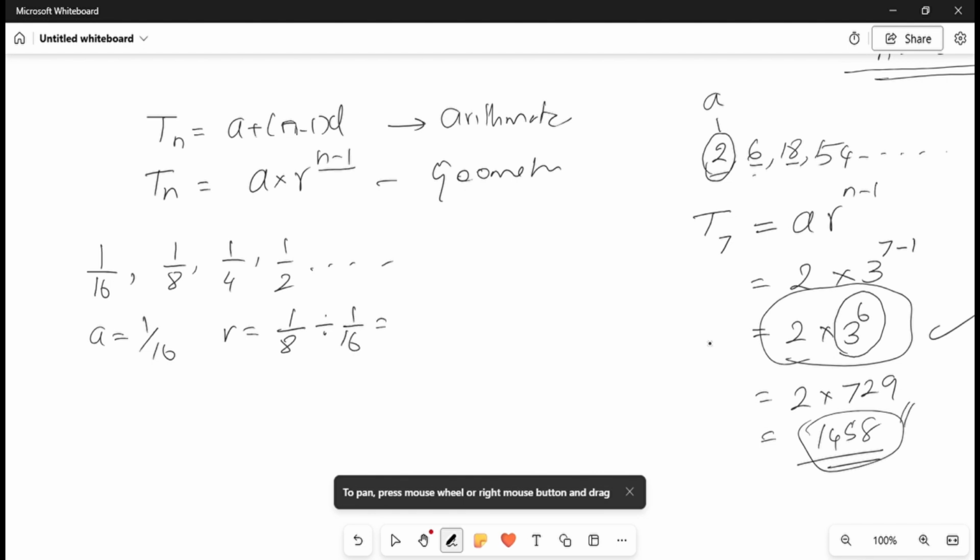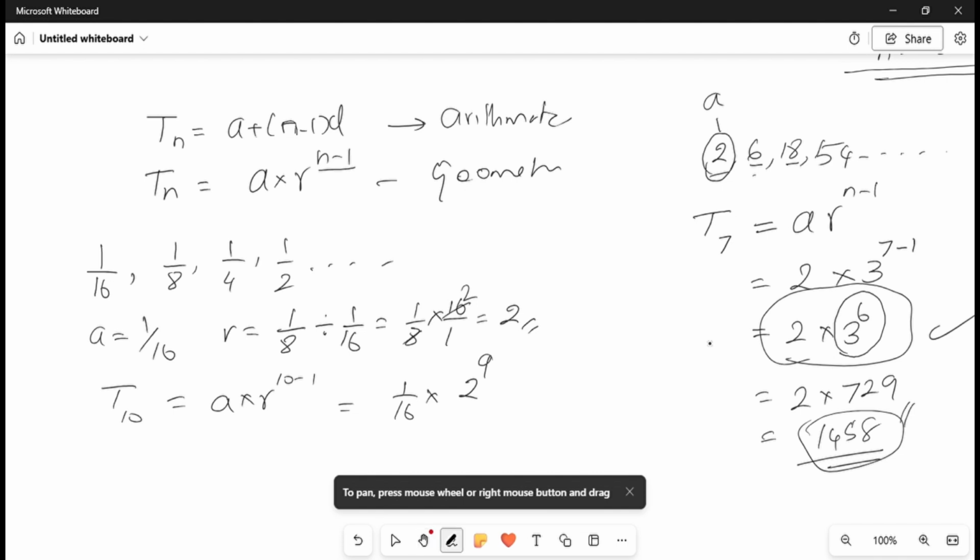That is 1 over 8 multiplied by the reciprocal. So 8 times 2, 2 into 1, 2 over 1, 2. 2 is the R. So T10, if you want, is A into R to the power 10 minus 1. R you know, A you know. A is 1 over 16 into R is 2, 2 to the power 9.